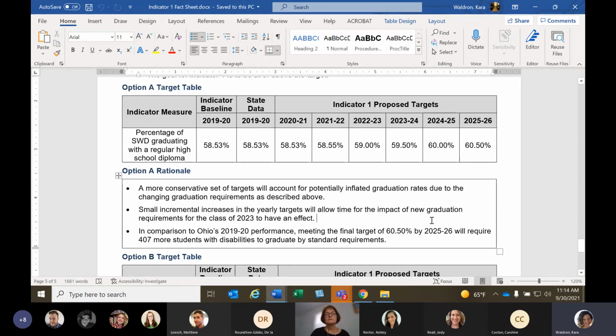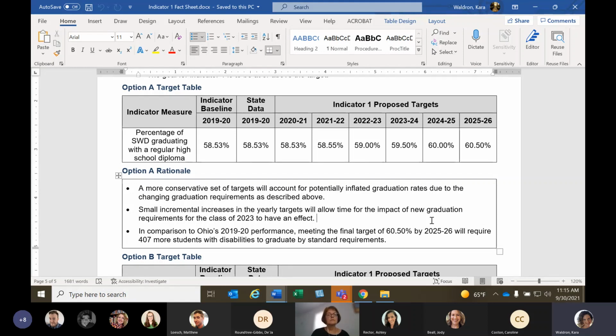That allows time for, as described in the programmatic considerations, a lot of optimism around the new graduation requirements. When our districts across the state are able to get everything ready and have enough support to implement those in full, they do provide more and different opportunities, ways for students with disabilities in particular to show what they know in different ways, but still meet standard graduation requirements.